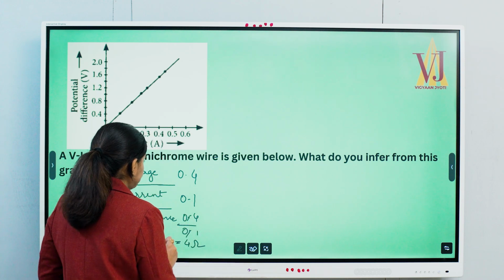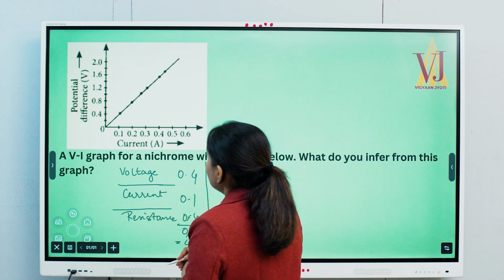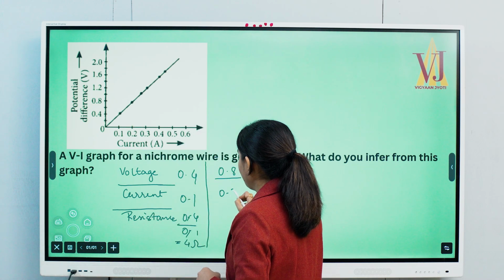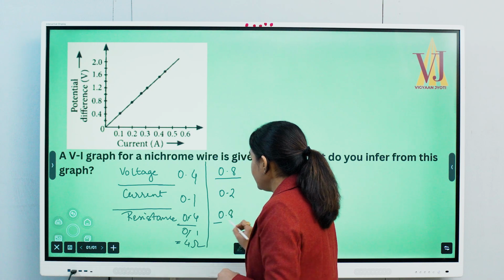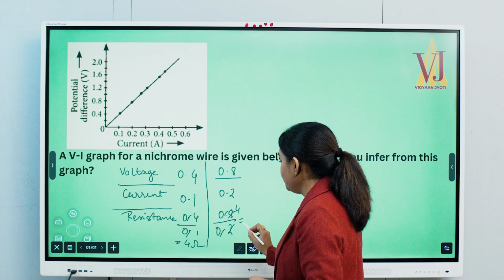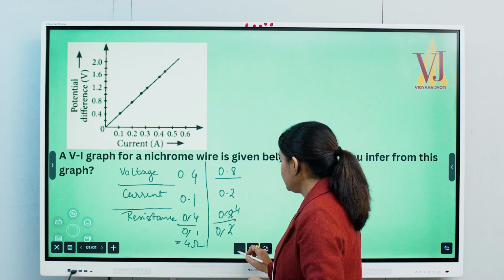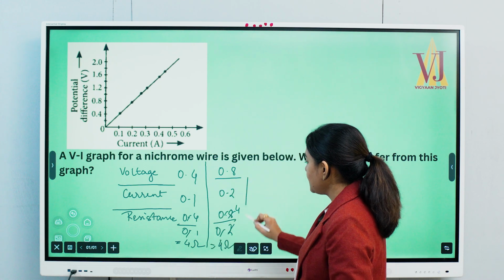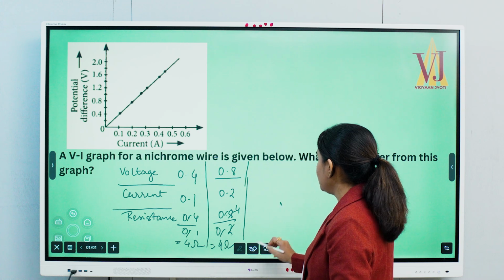Next part, 0.8 divided by 0.2, again the same, 4 ohms.